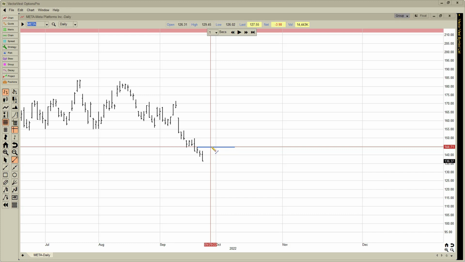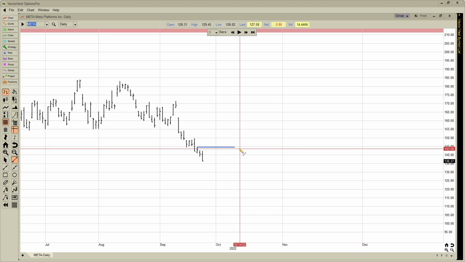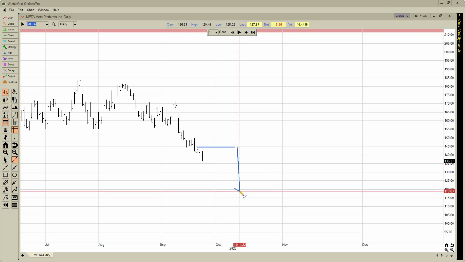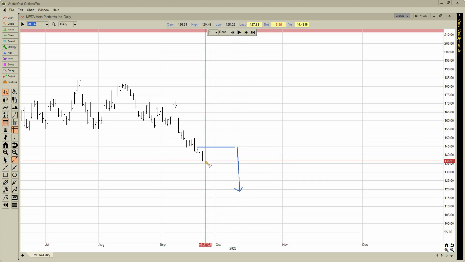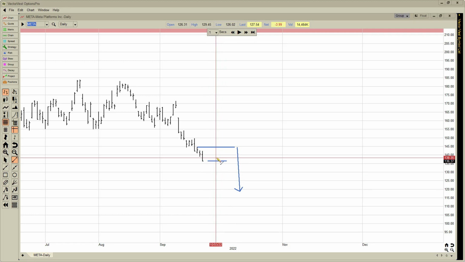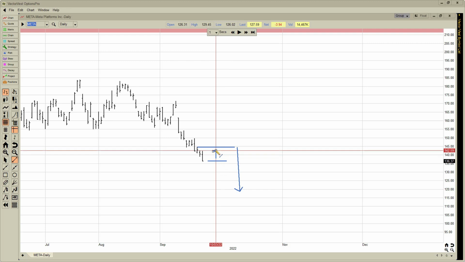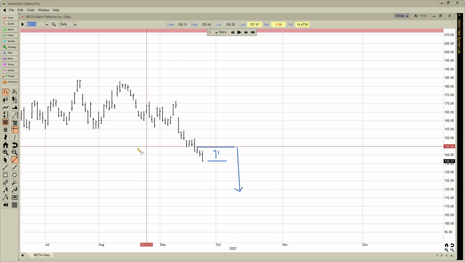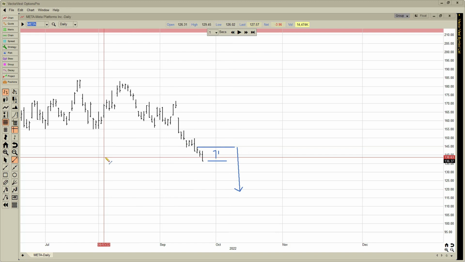Now I have a 60% chance for this stock to stay below 145. It doesn't have to just go down. If the stock goes sideways, I make money. If the stock goes up, I can still make money. It gives me a big window to where I can profit from this trade.